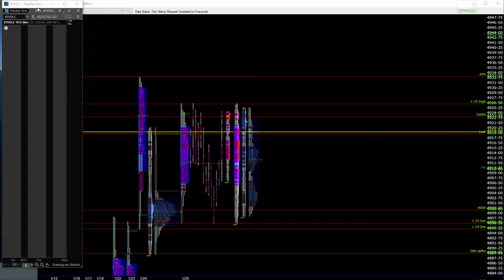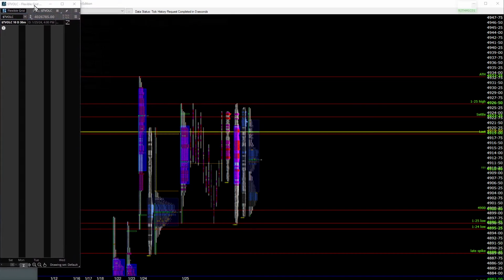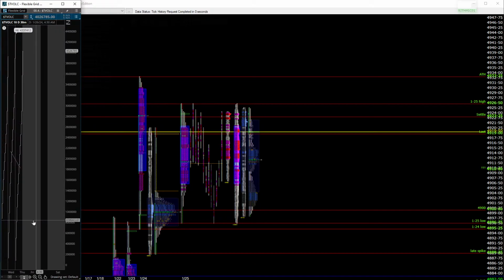I'm just opening my TD charts here. The most important thing that I use from TD Ameritrade is this chart here, the overall volume, the New York Stock Exchange Composite volume.